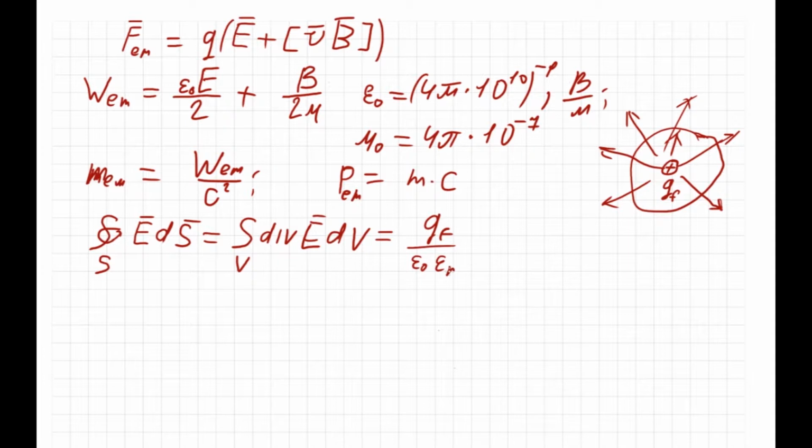Relation permittivity is the permittivity of any substance. For each substance we have its own permittivity.